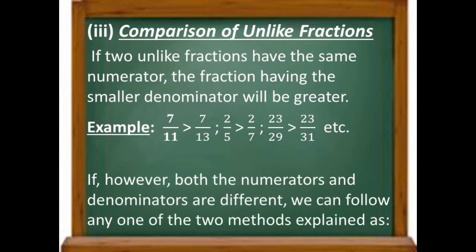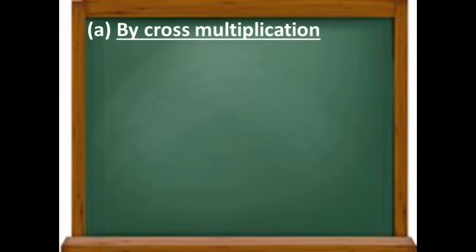And students, if both the numerators and denominators are different, then we can follow any one of the two methods explained. First method is cross multiplication method.